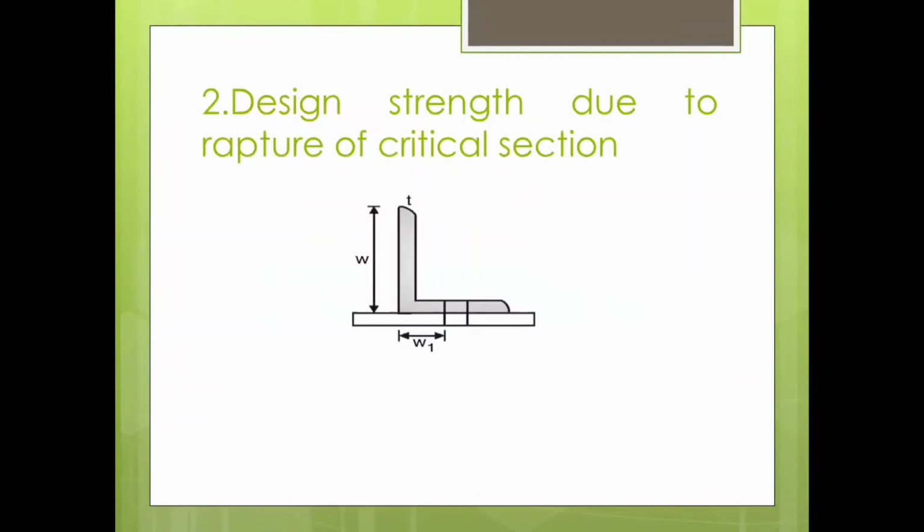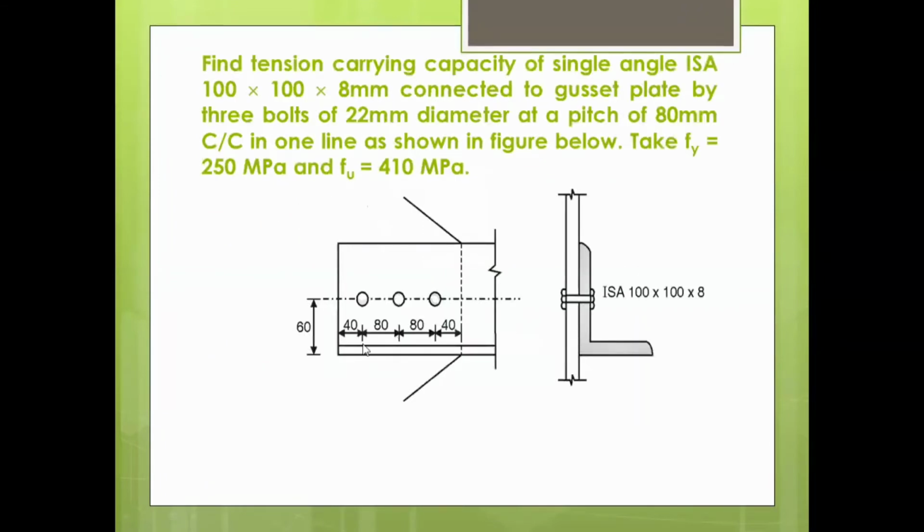Again, go to the diagram. W1 is the distance of the first bolt from the edge. That is given as 40. You can see it in the given diagram. So 100 minus 40 is 60.